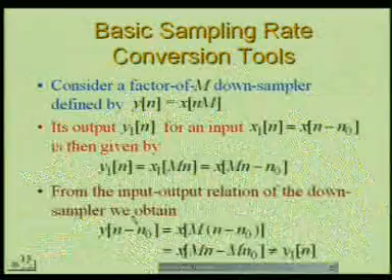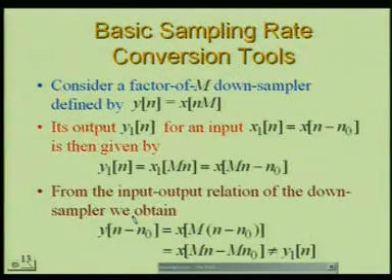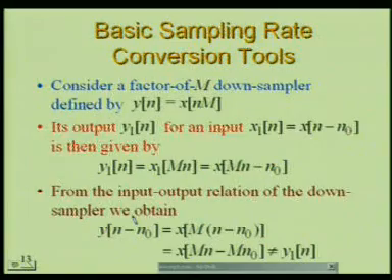First, we should illustrate the time varying property of a downsampler. Let us consider a factor of M for downsampling. M is an integer factor, defined by y[n] is the output sequence taken from the downsampler, that is equal to x[nM].